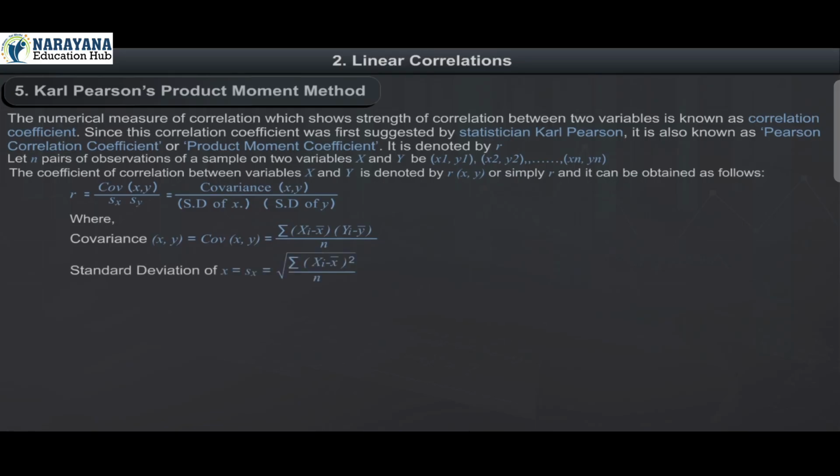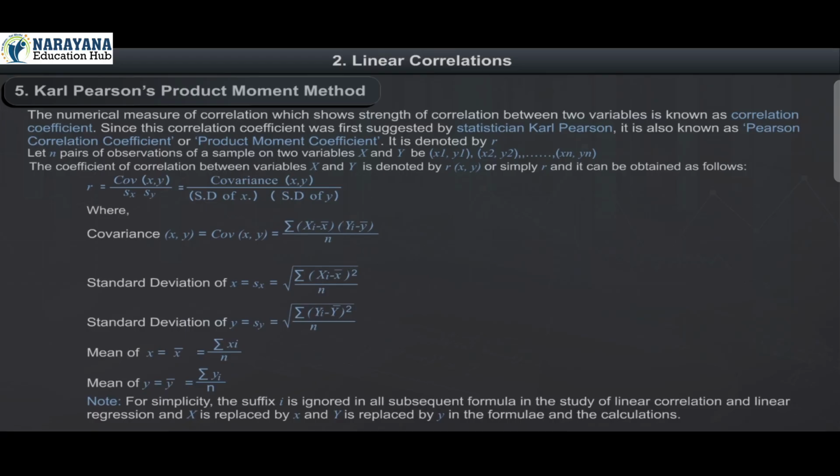Standard deviation of x is Sx, equal to under root sigma (xi minus x bar) whole square divided by n. Standard deviation of y is Sy, equal to under root sigma (yi minus y bar) whole square divided by n. Mean of x is x bar, equal to sigma xi divided by n. Mean of y is y bar, equal to sigma yi divided by n.